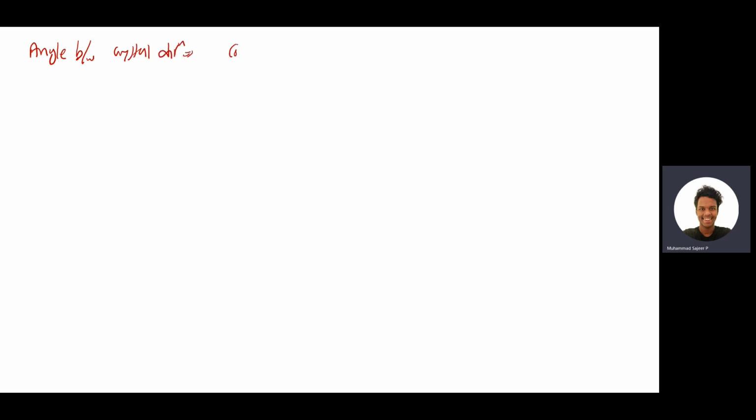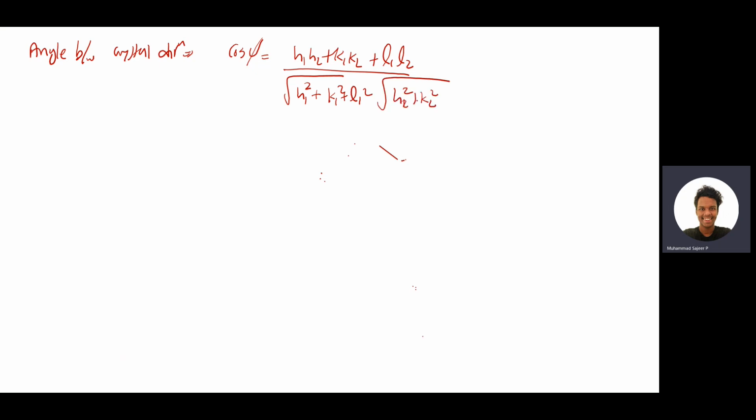Okay. Then the cos phi angle, for example, for a cubic shape, is h1 h2 plus k1 k2 plus l1 l2, divided by root of h1 square plus k1 square plus l1 square, into root of h2 square plus k2 square plus l2 square.